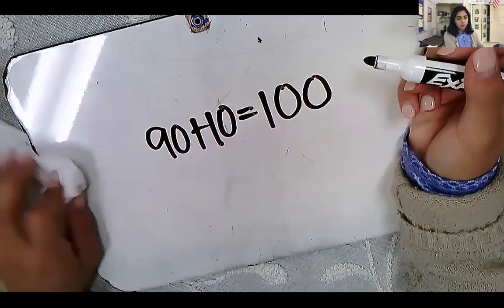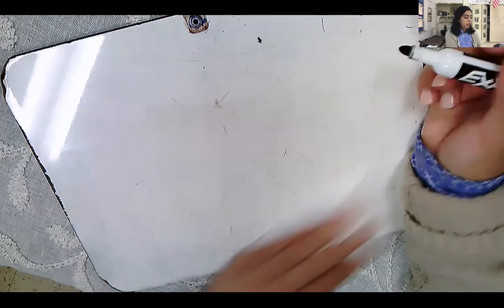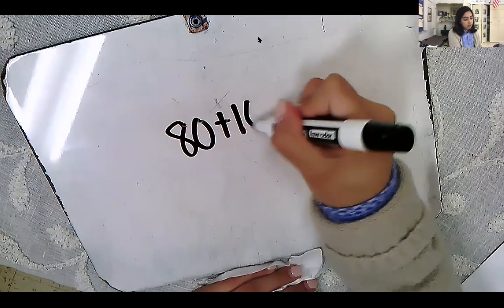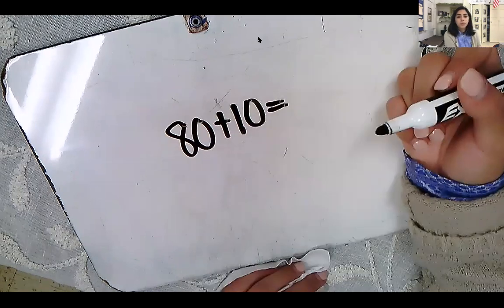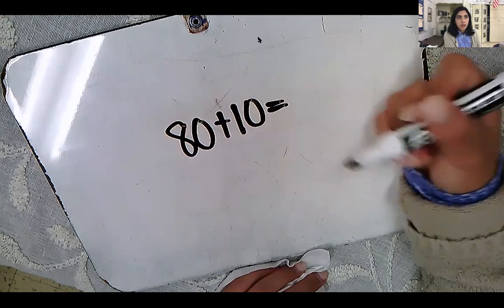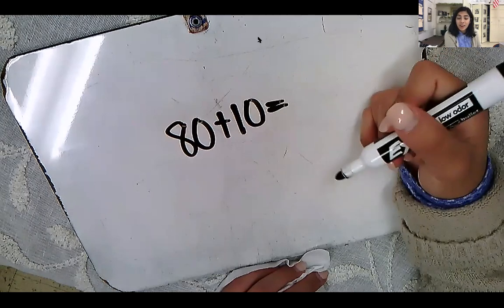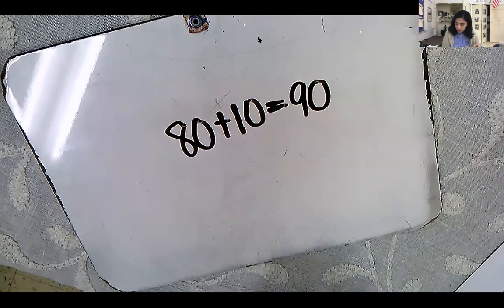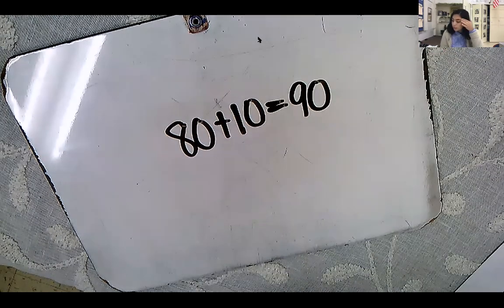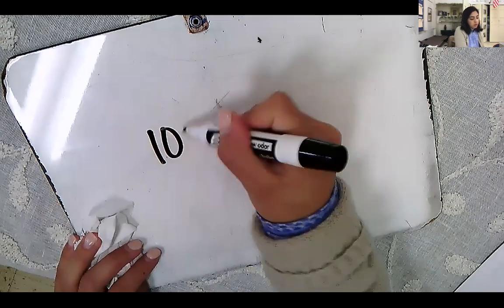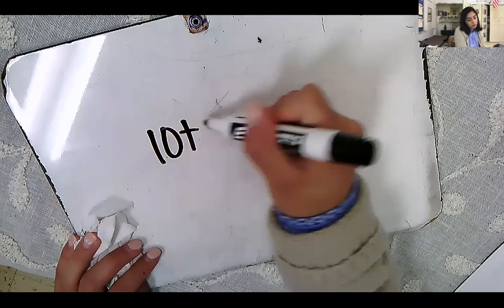Let's try another one. What if we did 80 plus 10? 70, 80, 90, right? 10 more would be 90. Good, you guys are getting it. What if I did this? 10 plus 20.